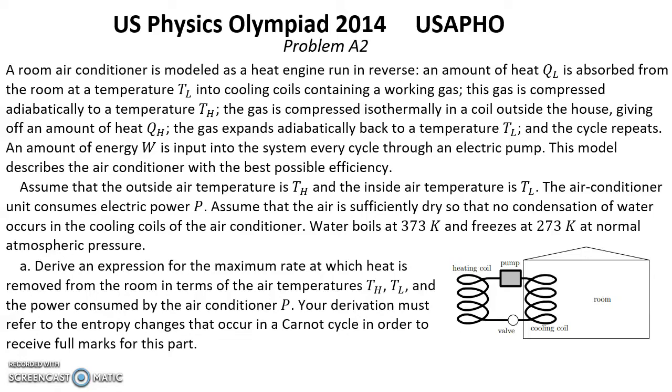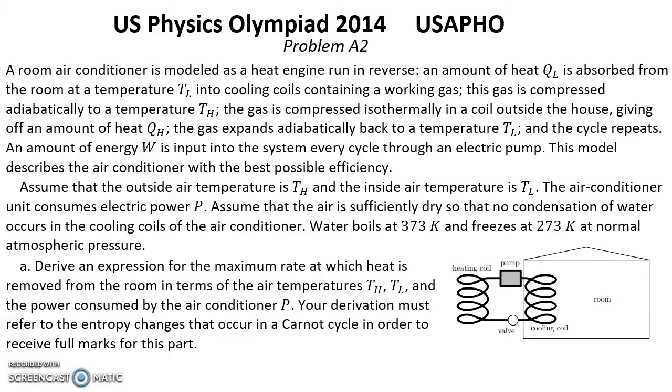The air conditioner unit consumes electric power P. Assume that the air is sufficiently dry so that no condensation of water occurs in the cooling coils of the air conditioner. Water boils at 373 kelvins and freezes at 273 kelvins at normal atmospheric pressure.